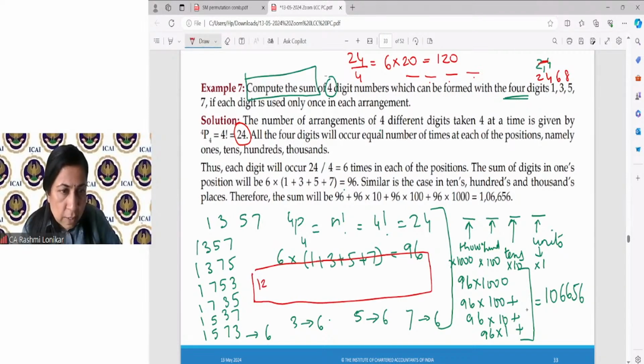Unit place के लिए 120 plus tens के लिए 120 into 10 plus 120 into 100 plus 120 into 1000. इसको ऐड करके बताएंगे कोई, कितना आ रहा है? Somebody will be able to tell me.